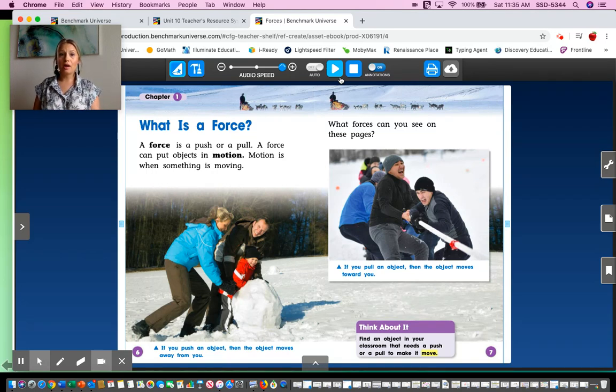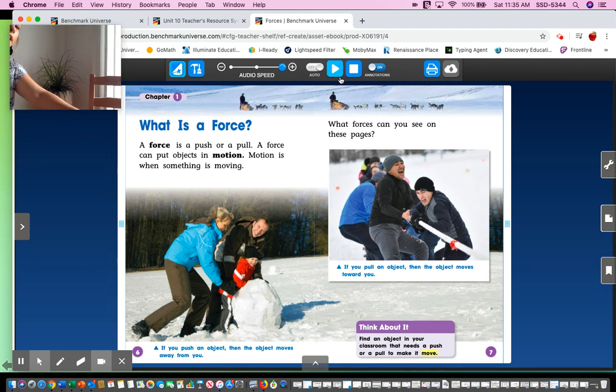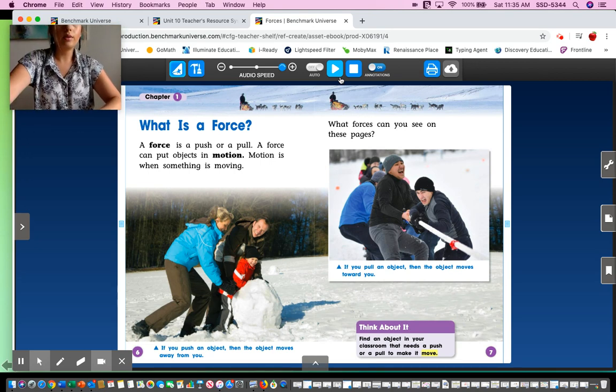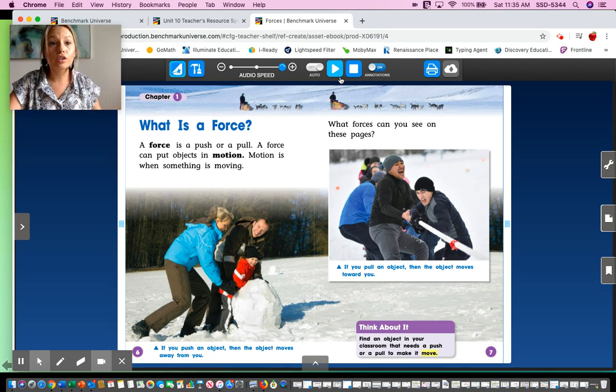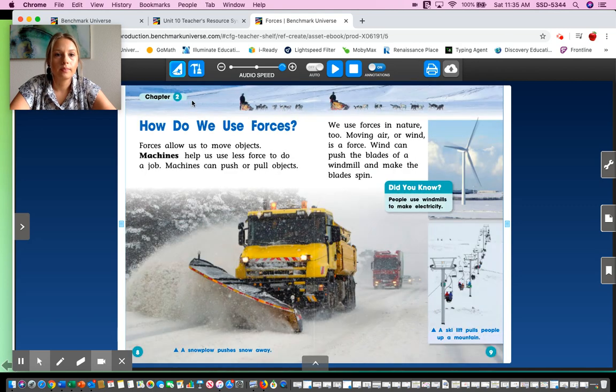I see a lot of things that I can move if I went and pushed it, even if it's heavy. I'm sitting right next to another chair, and I can move this chair if I push it. Oops, don't want to push it over. Or I can move it closer if I pull it. What is something at your house that you can push or you can pull to make it move? Awesome. All right, next page.